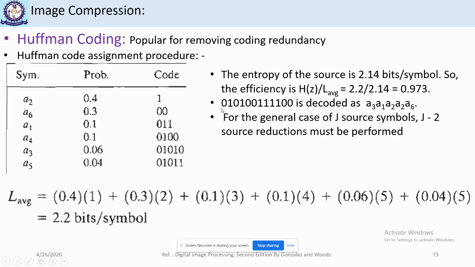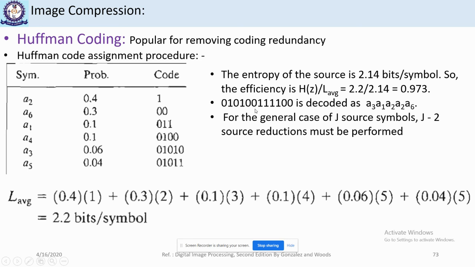There is no symbol for 0, no symbol for 01, and no symbol for 010 either. 0101 matches, and then finally it is 0. So the first symbol we have is A3.